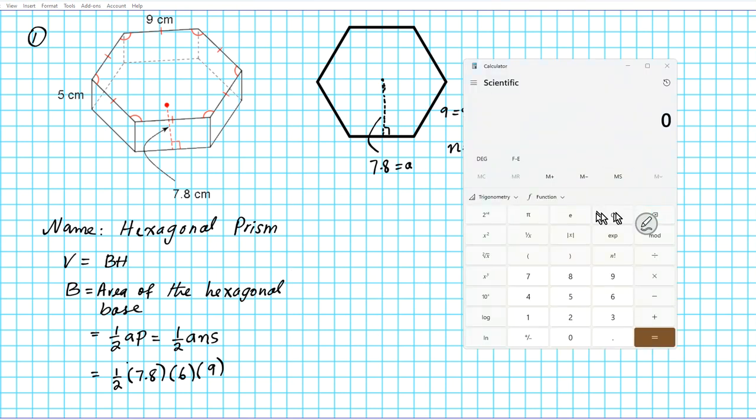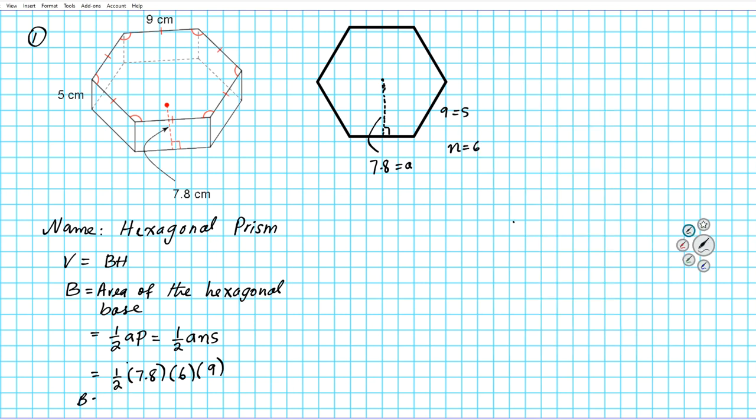Let's plug that into our calculators: 1 divided by 2, or you could put 0.5, times 7.8 times 6 times 9. So we have 210.6 as the area of the hexagonal base.